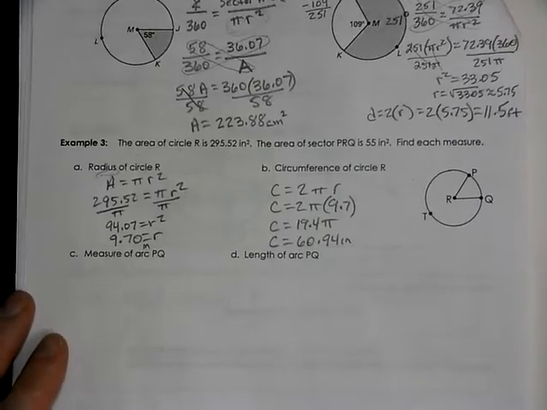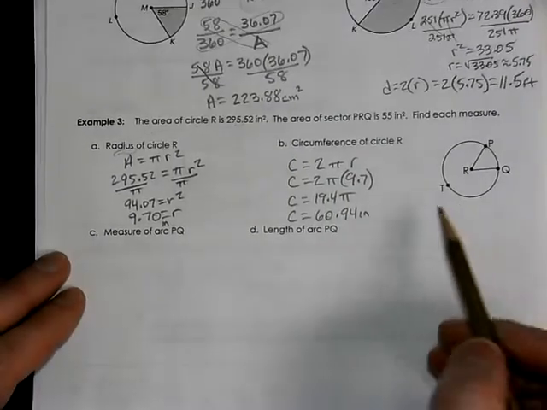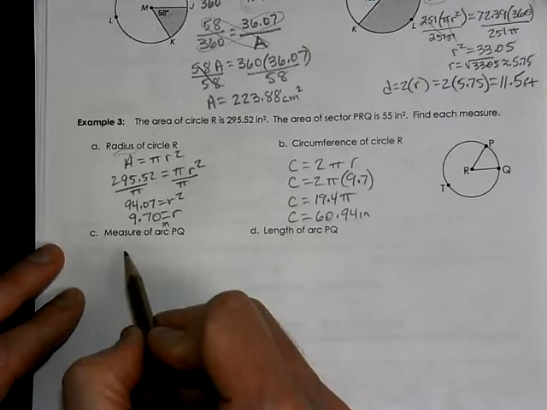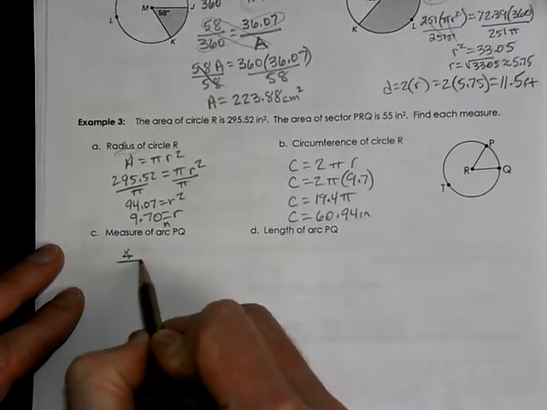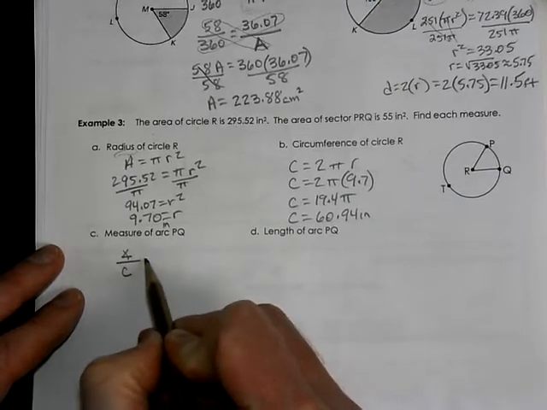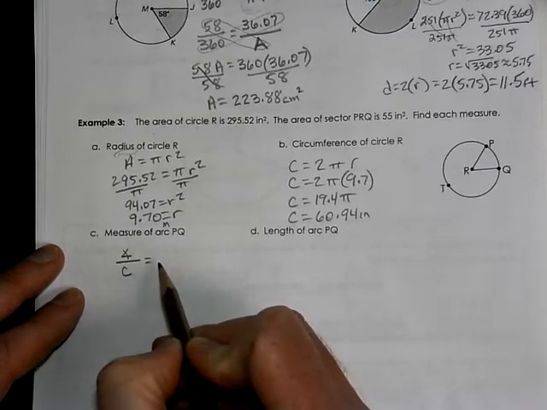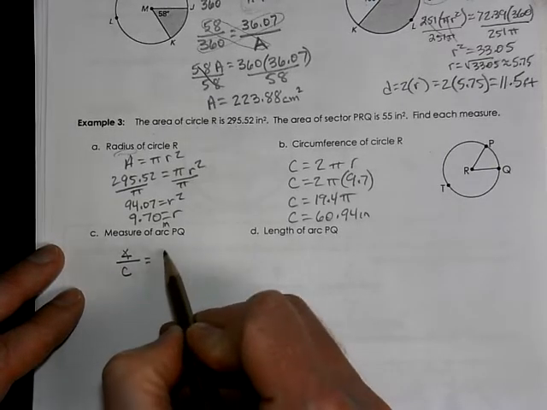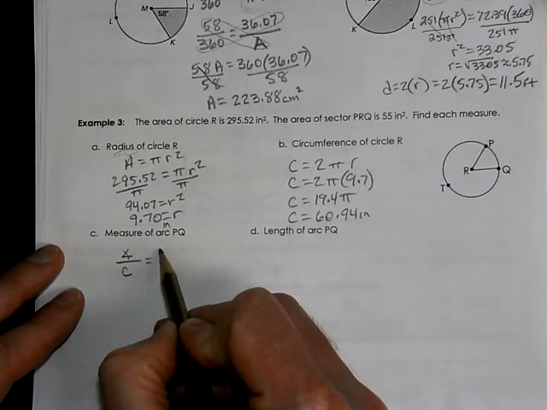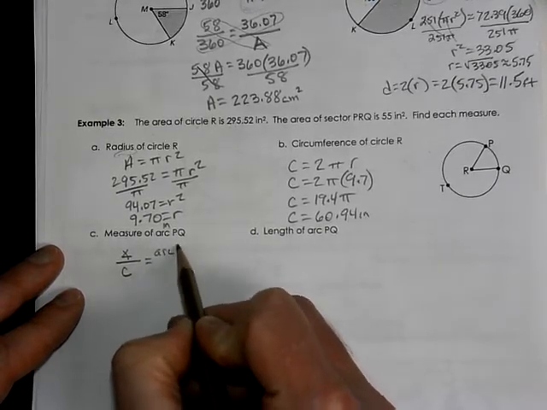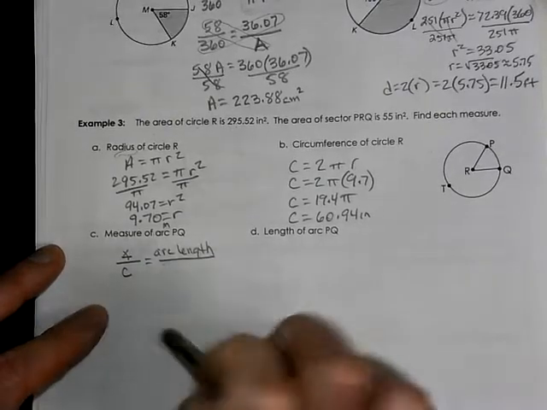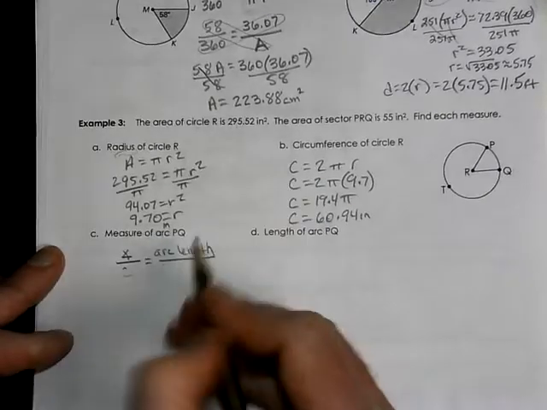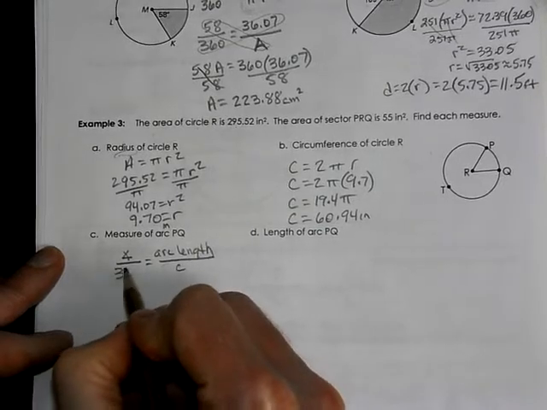The measure of the arc, which is our angle. We have our angle over 360 equals our arc length over, oops, I'm sorry, that's our circumference.